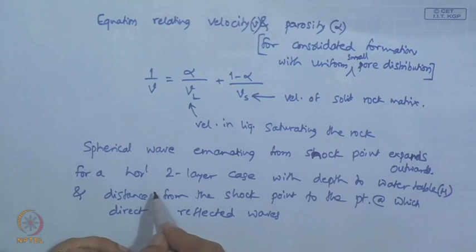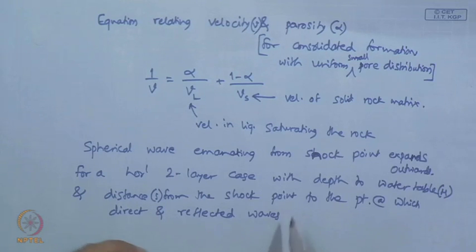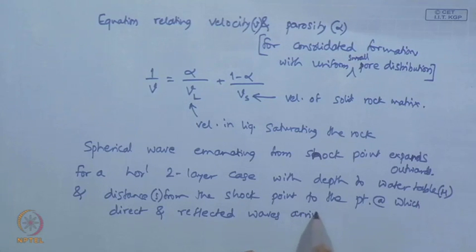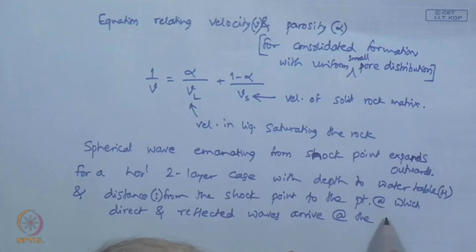So, this distance S is the distance from the shock point to the point at which direct and reflected waves arrive at the same time.